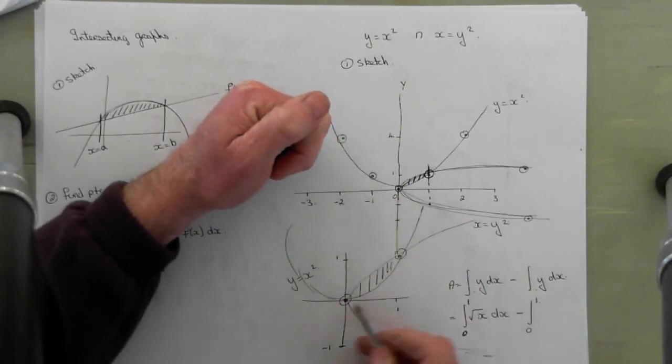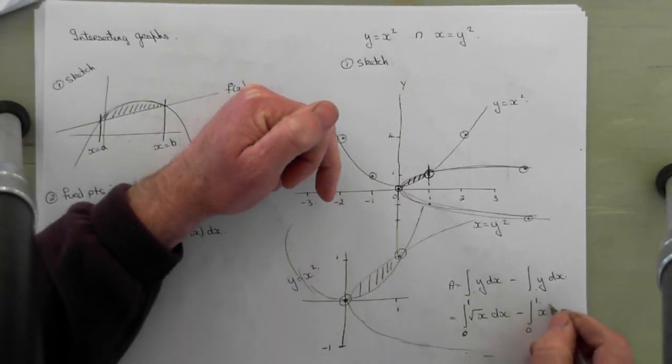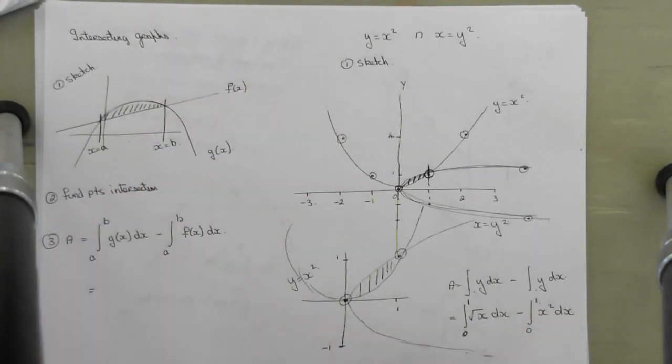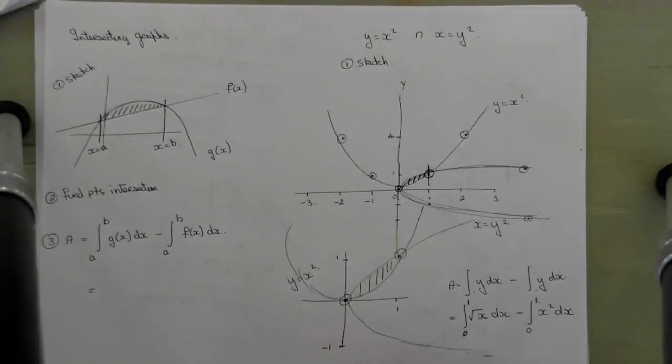If that's that graph, what's y equal to? X squared dx. That'll give me the area. From this graph, y squared is equal to x. What's y? Root x. You understand where I get the root x and the x squared from?